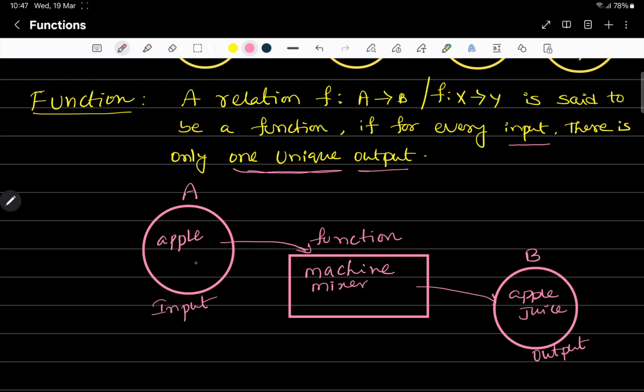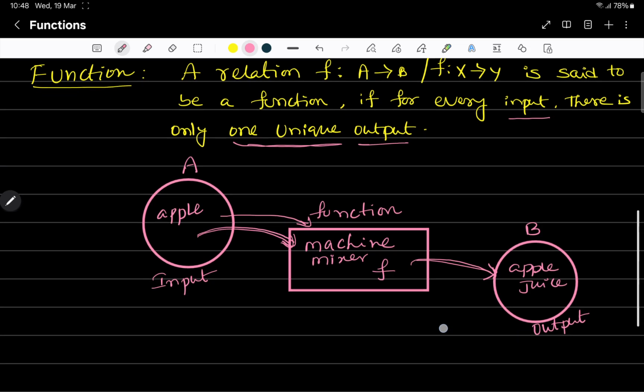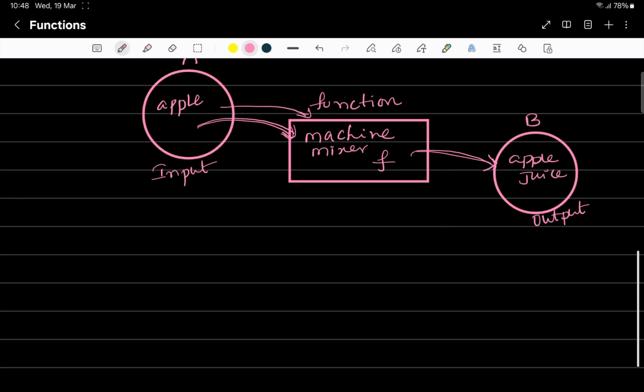We call this machine f. Giving input to the machine, f will take that fruit and give you juice as output. So for every input there is always only one output, then only it is a function. Okay, now we'll do some examples.